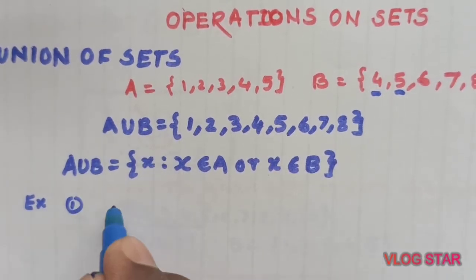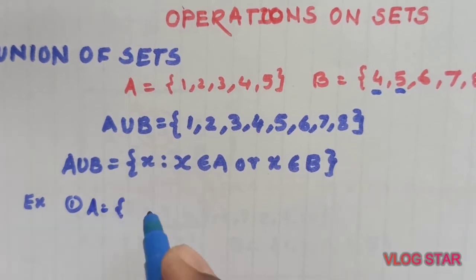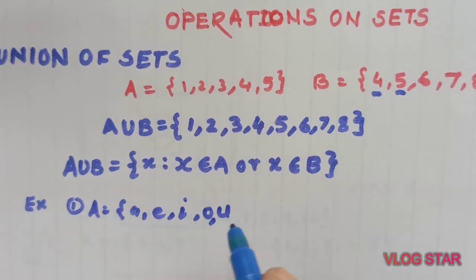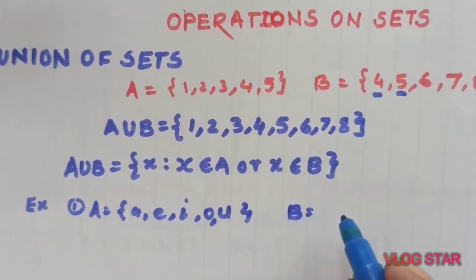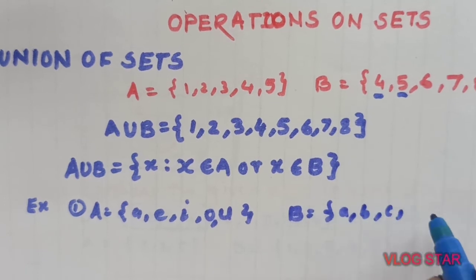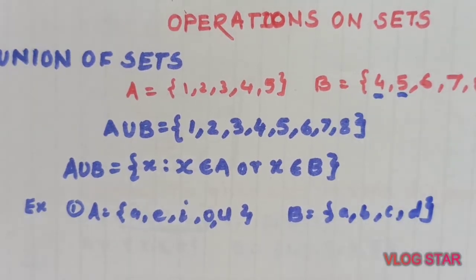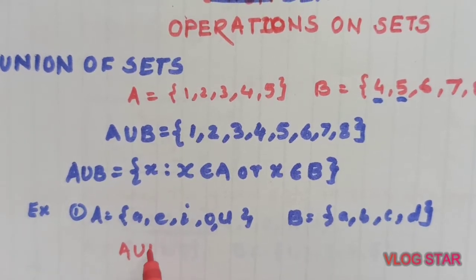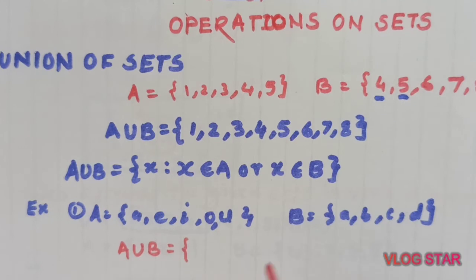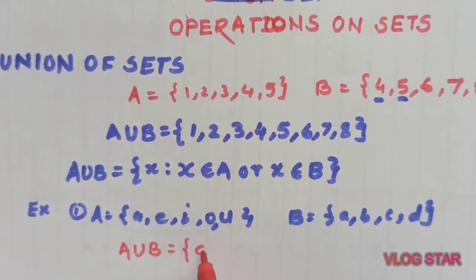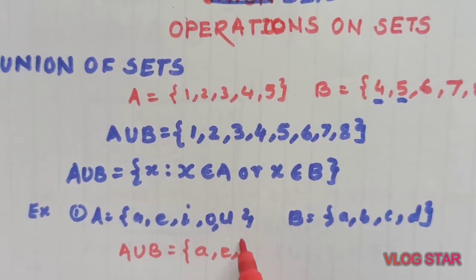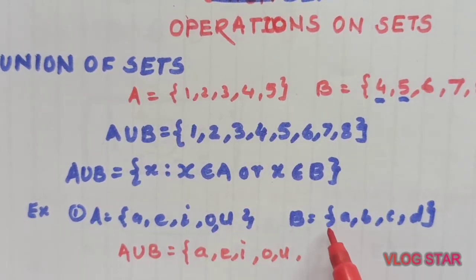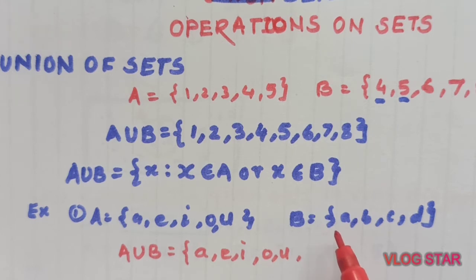Example 1. If A contains A, E, I, O, U, and set B contains A, B, C, D, I would like to write union of A and B. So you can solve it with me. First of all, copy all the elements from A: A, E, I, O and U. Now take care while writing elements from B, because we are combining two sets.